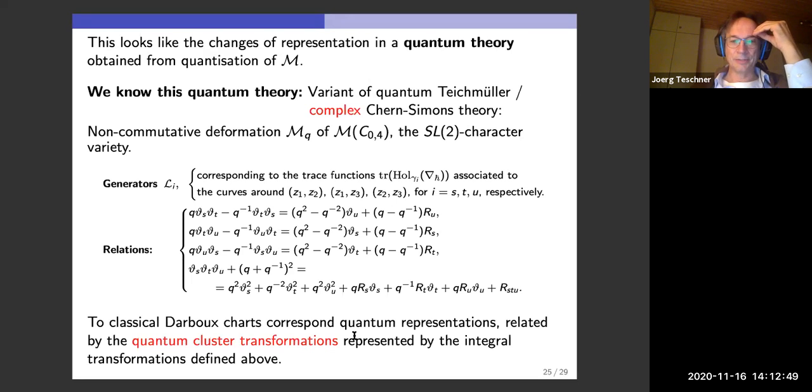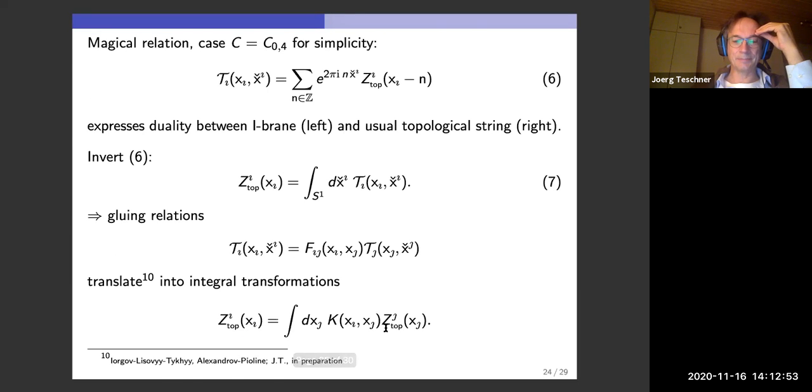Claim, theorem: these are going to be the same. So what I do thereby is to identify which quantum theory we're talking about, which quantum theory we have implicitly defined by doing the game of inverting this transformation. So here came a quantum theory through the back door by just inverting this transformation and then translating these transformations into something which looks like quantum relations.